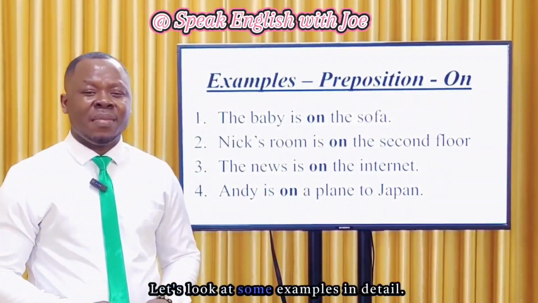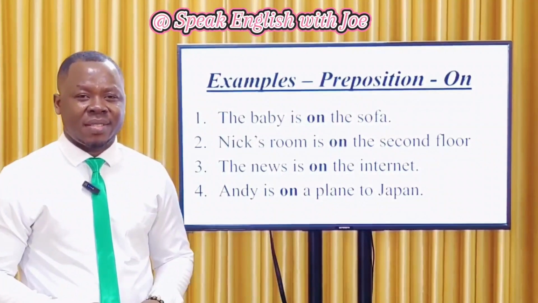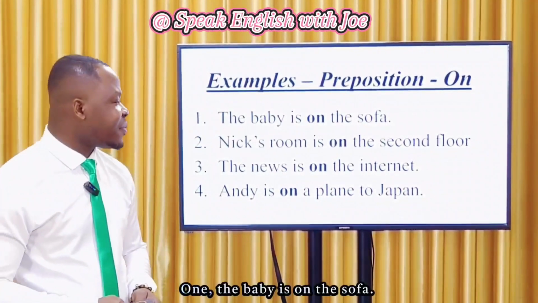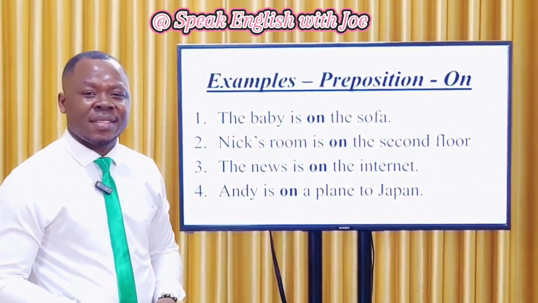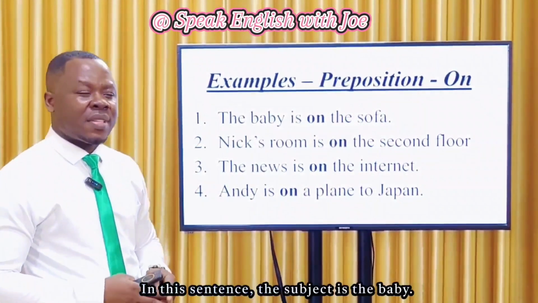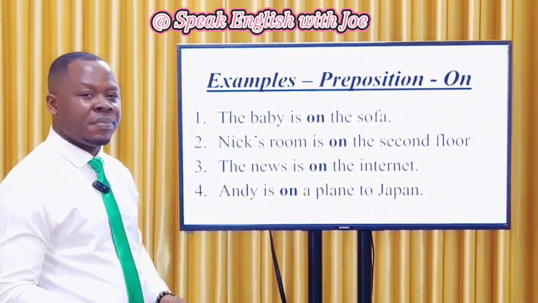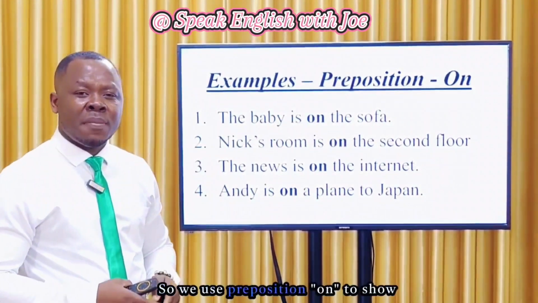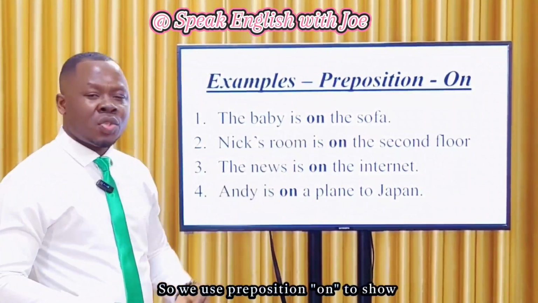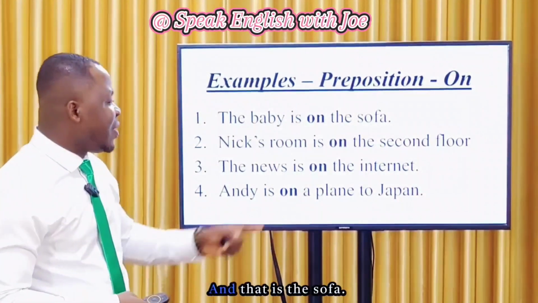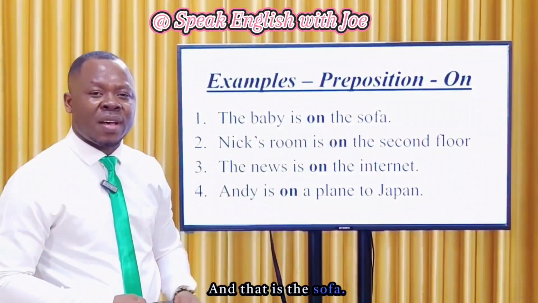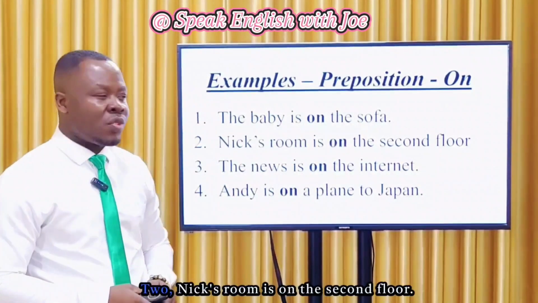Let's look at some examples in detail. 1. The baby is on the sofa. In this sentence, the subject is the baby. So we use preposition on to show the surface on which the baby is, and that is the sofa. 2.